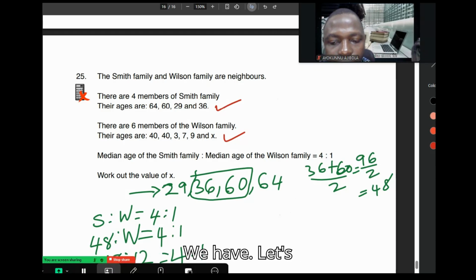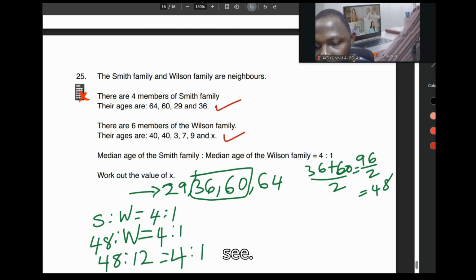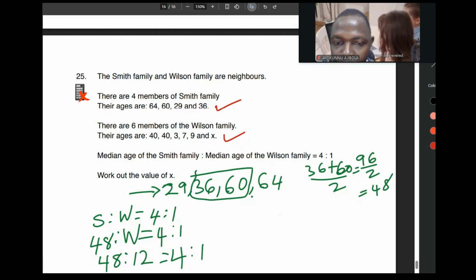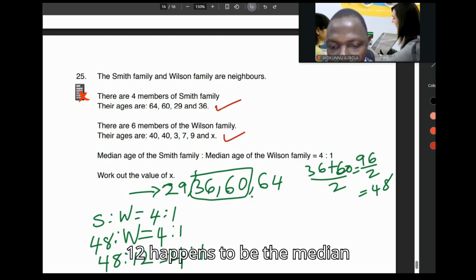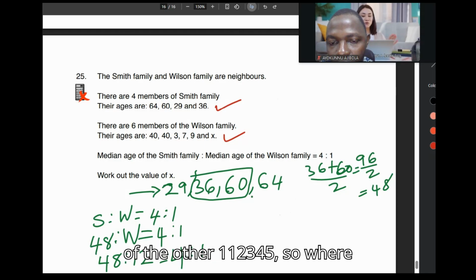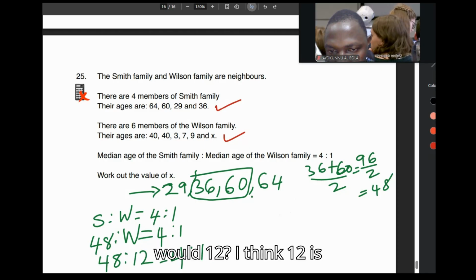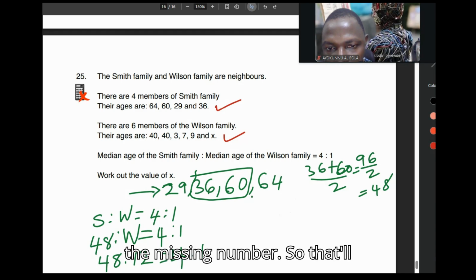So we have, let's see, 12 happens to be the median of the other one. I think 12 is a missing number.